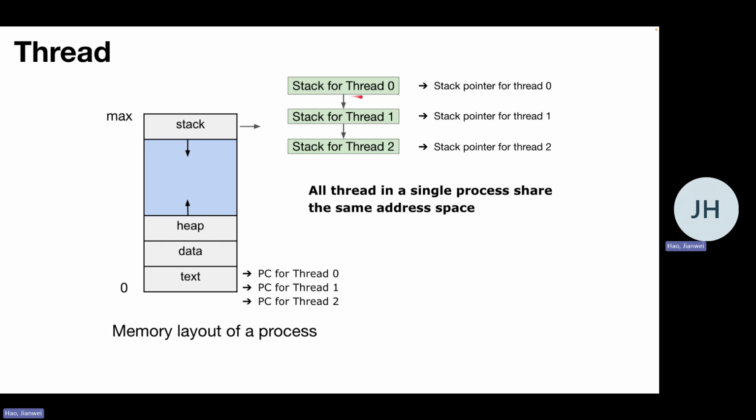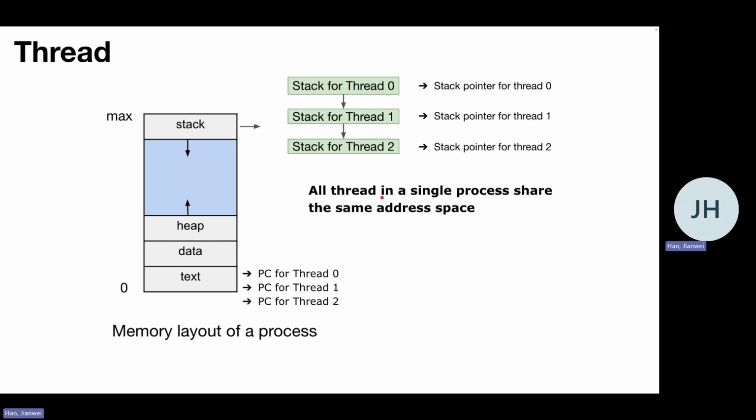First one, the stack. The stack pointer for thread 0 and for another thread, thread 1, will be different. And if we have one more thread, thread 2, that means we need one more stack pointer for this thread.